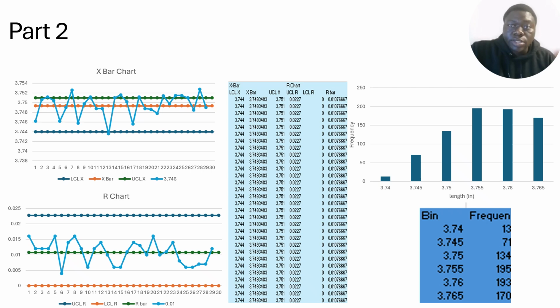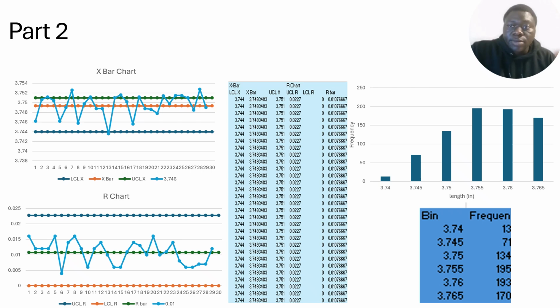And to answer the question, after adding day two data and making the X bar and R bar charts, the R chart looks normal with no points outside the control limits. That means the variation inside each subgroup is stable, but the X bar chart is different because a bunch of subgroup averages fall outside the limits.